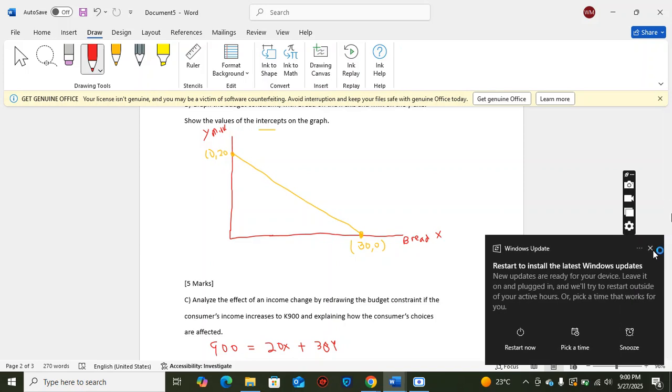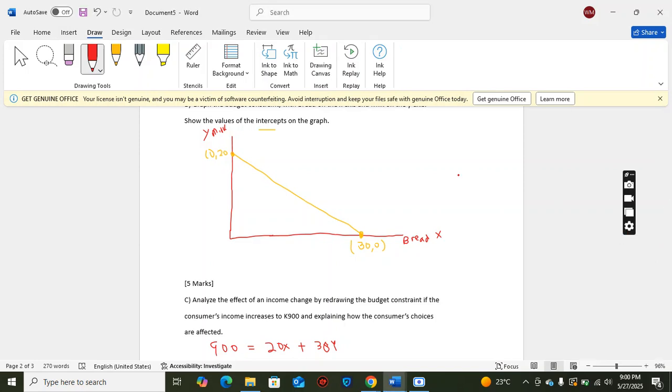So you tell me the values, then let me also calculate before I put them on the board. I want you to calculate your values.